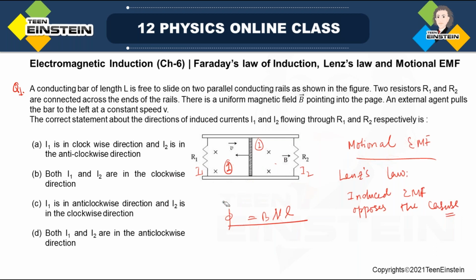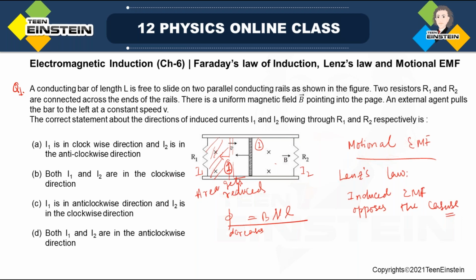But when the bar is moved somewhere here, look what is happening. The area in region 1 is getting reduced. When the area gets reduced, phi also changes, so the flux decreases.